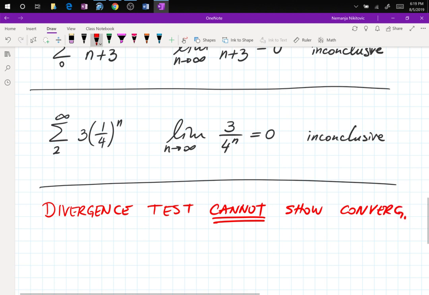Divergence test cannot show convergence under any circumstances. It is the only test the way it is, and that's the end of the story.